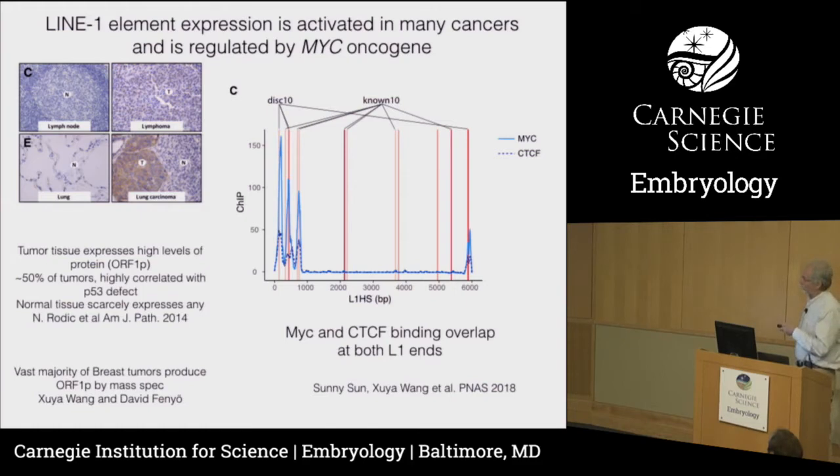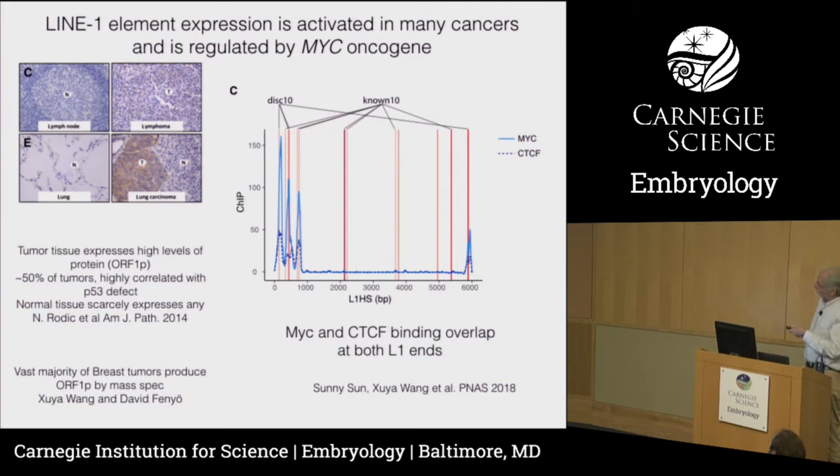So what you'll see in these graphs is the consensus L1HS. This is the highly active young elements that are in your genome and jumping as we're sitting here in your genome.